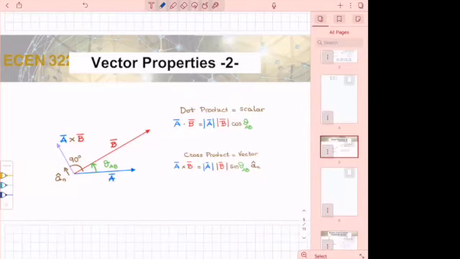But beyond that, the second has a direction too. And the direction of the second is perpendicular to the plane that is defined by the two vectors. All right, that is important too.